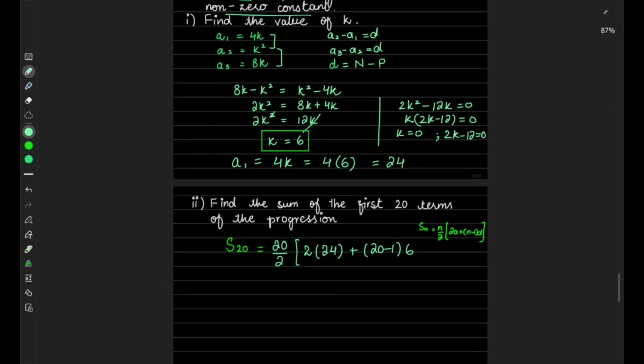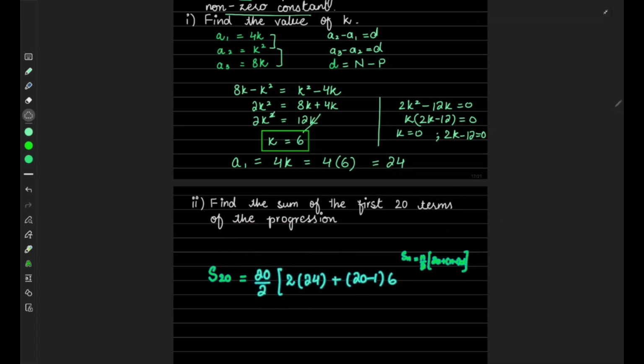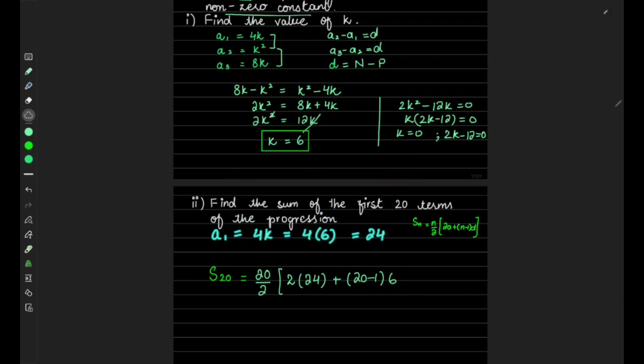So instead of doing all the working first, you must be finding the A and D. So let's do that. A is this. And A2 is going to be K square. That means 6 square, 36.